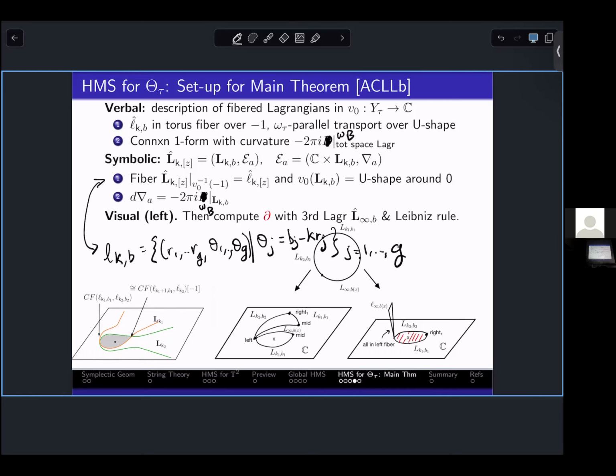So k is still an integer. It's the same slope k in each coordinate. But b is now, there's g of them. a and b are now in R^g. So to compute this differential, that's really the crux of the calculation.